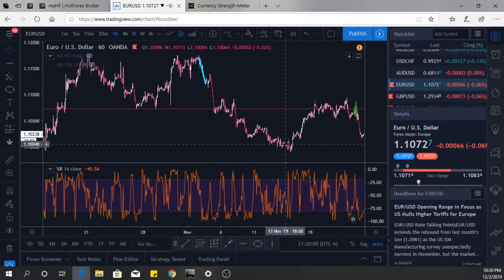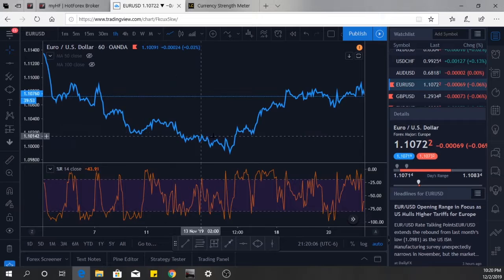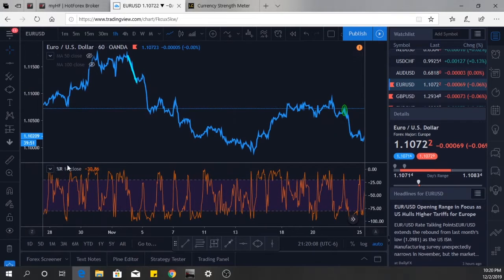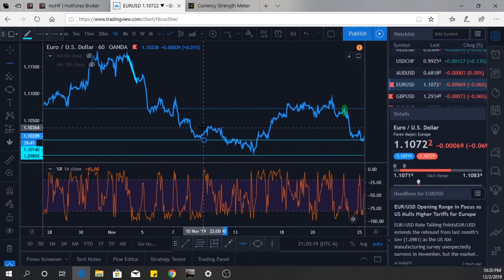Let me change it to this view so I'll be able to see it more vividly. Now because we're in a downtrend, I'm going to place one here. So what I'm doing is I'm just pinpointing some resistance and support points.